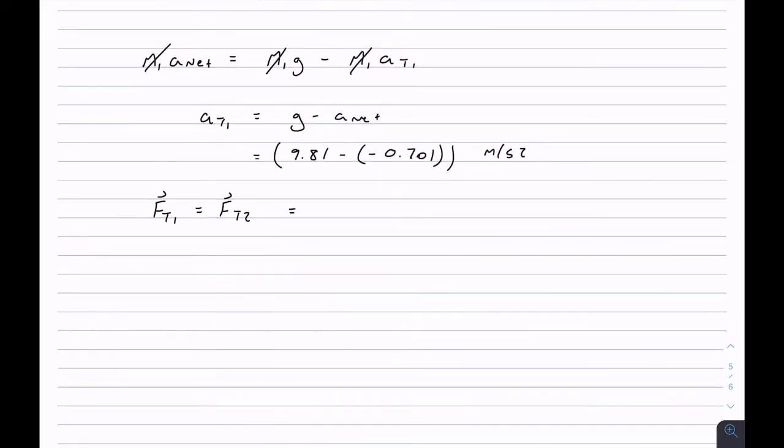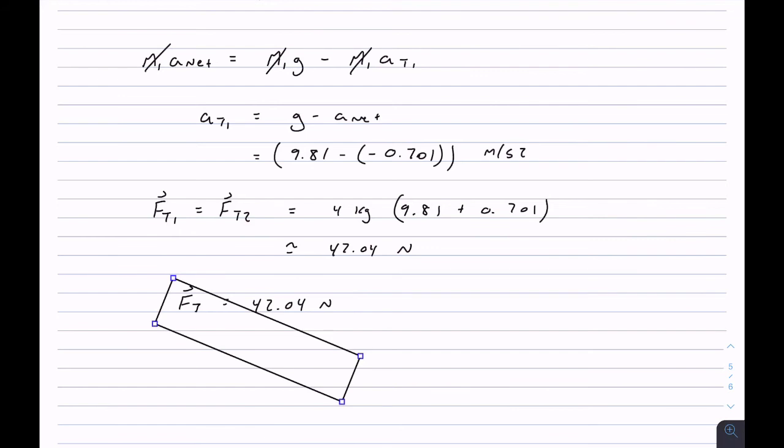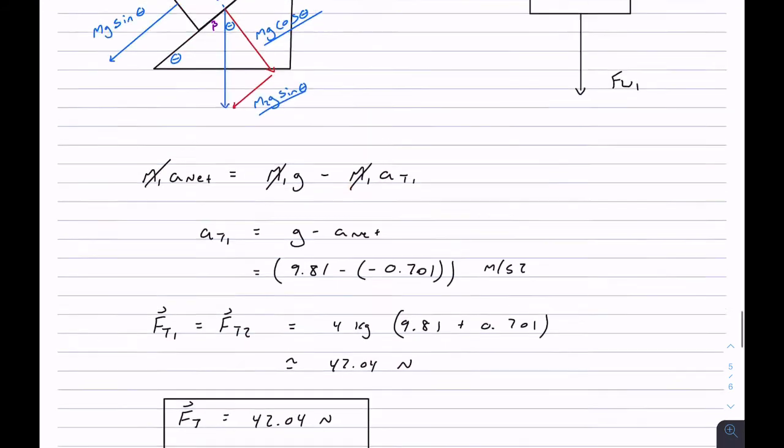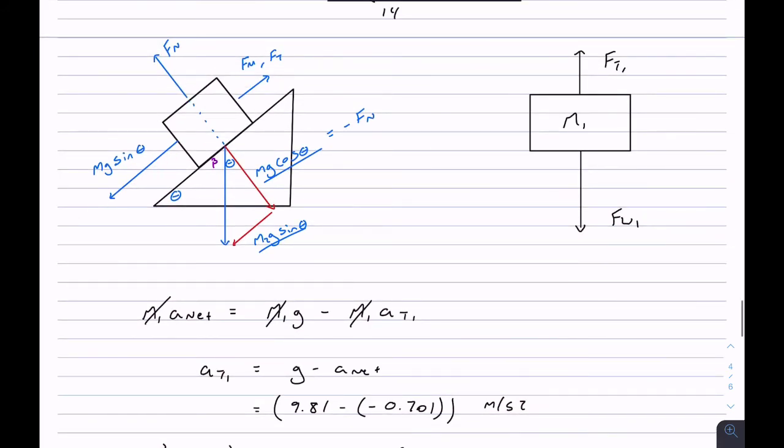So we're also saying that we're going to have 4 kilograms times 9.81 plus 0.701. That gives us a value of approximately 42.04 newtons. That's the tensile force. That's the answer. You can also do it the same way that we did it for block 1. You can do it the same way for block 2. You just have to make sure that you sum up all of your forces correctly, okay?